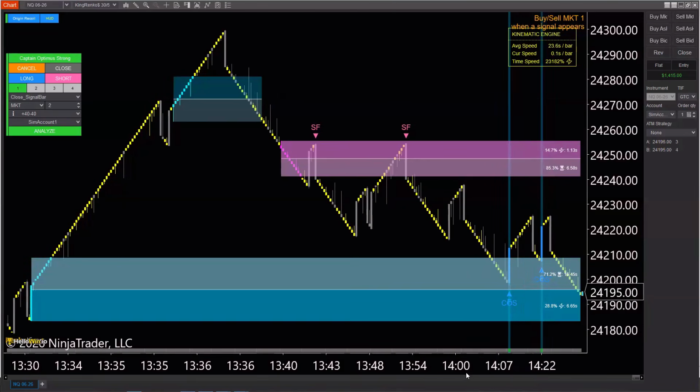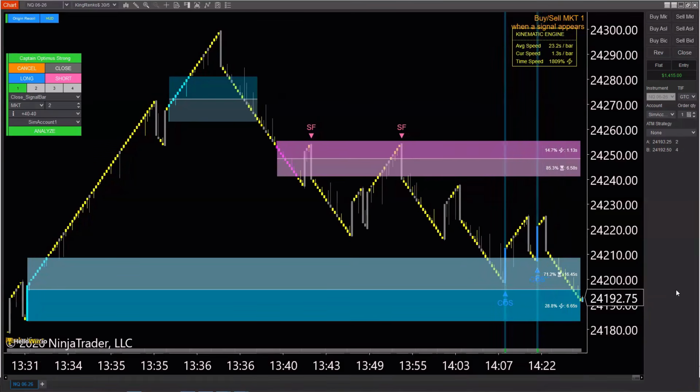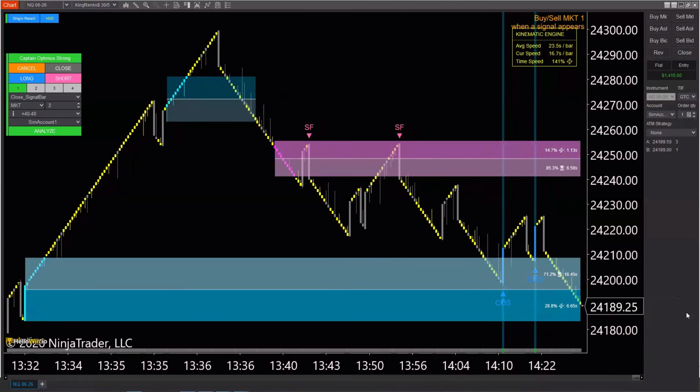Okay, so price is inside the zone. I imagine if it triggers here, it would be in a super fast area now because it's in a dark blue. So let's see. This is 36 brick size.